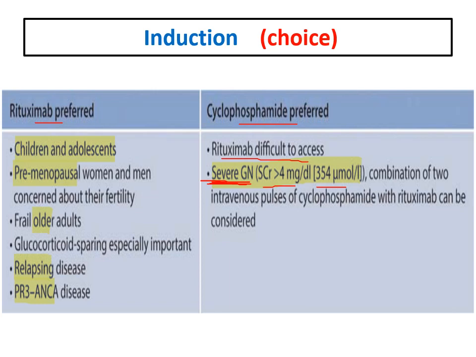Rituximab is preferred in children and adolescents, in premenopausal women because of the fertility issue with cyclophosphamide, in the elderly population, in relapsing disease, or in patients with proteinase 3 ANCA positive. Of course, availability will be a major issue.